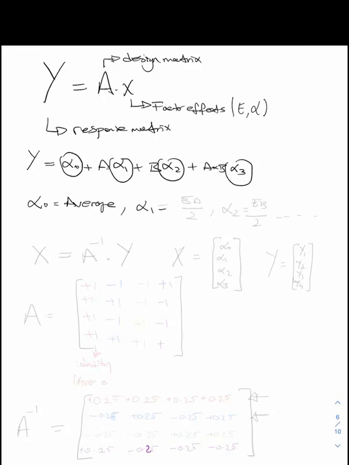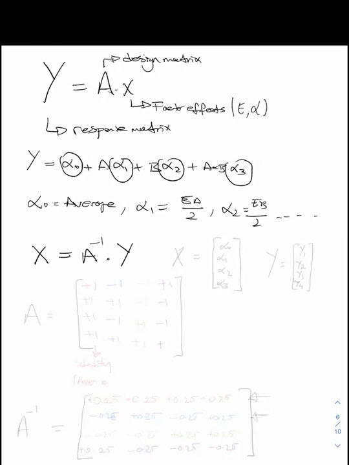I know that the alpha 1 is the effect of A divided by 2. I know that the alpha 2 is the effect of B divided by 2, etc. But if I were to do this in a matrix form, then I can solve for these constants, x values, using the inverse of A times y.